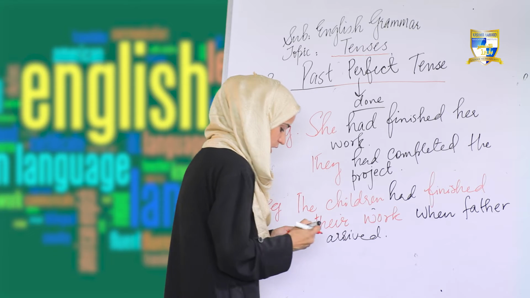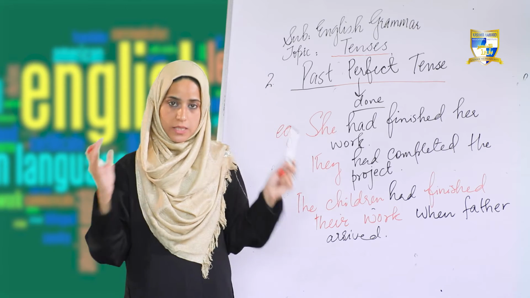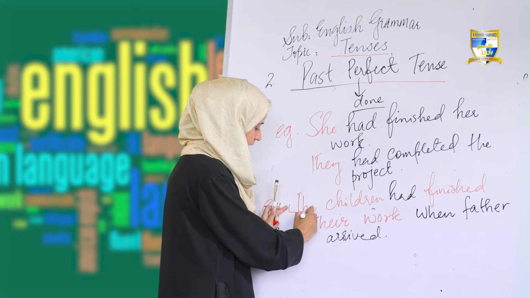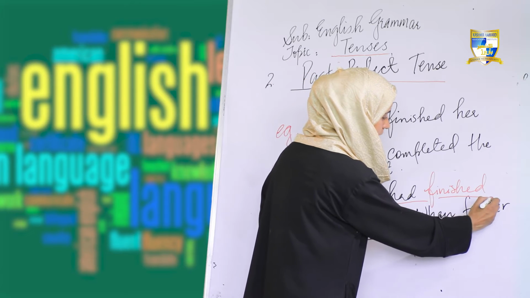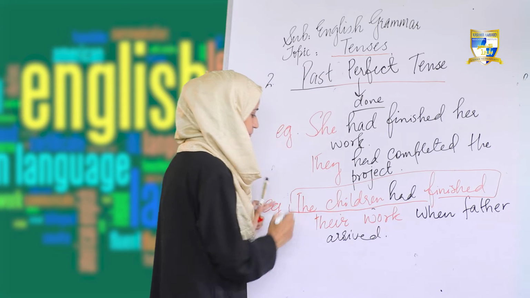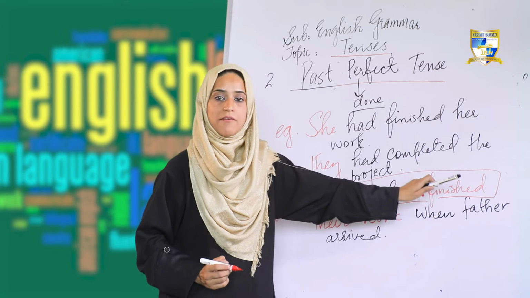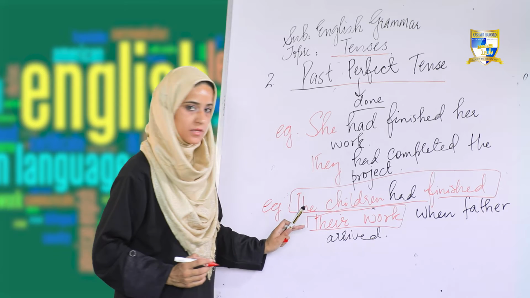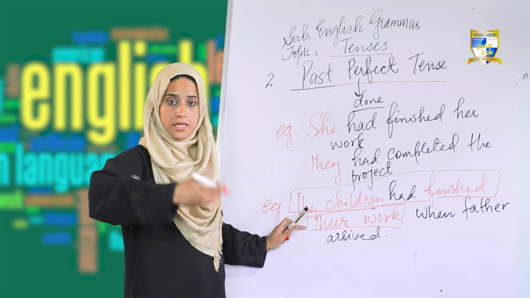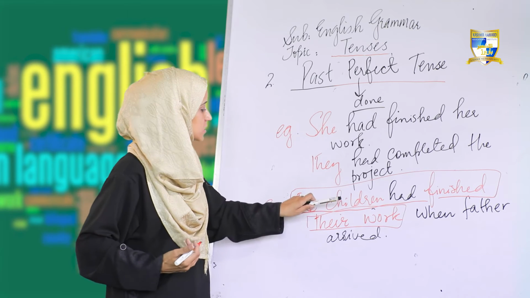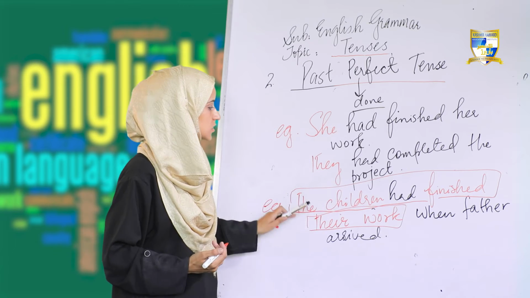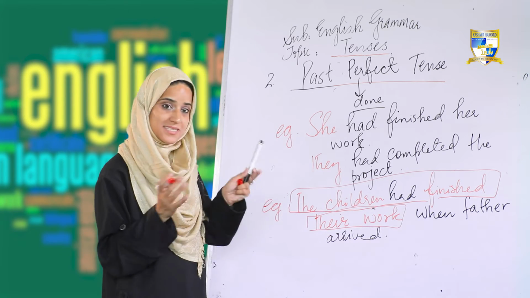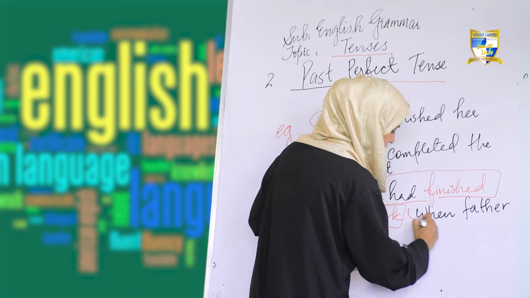So, dear students, look at the example carefully, you will get the idea of what it is saying. Here, we are talking about the action that was complete in the past, and the complete action in the past was that the children had finished their work. This is one action that happened in the past, that it happened earlier. The earlier action that happened in the past was that the children had finished their work, and one more action that happened in the past was that father arrived.